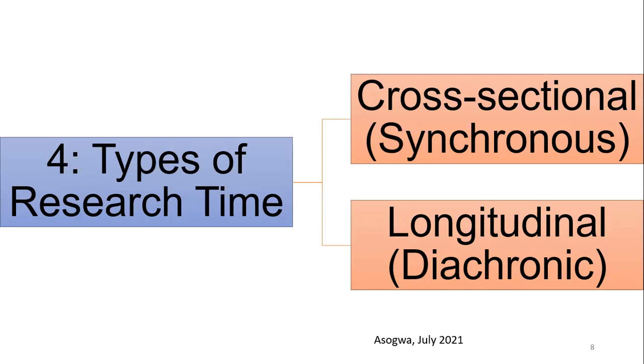In terms of cross-sectional research, this research is used to observe phenomenon, an individual or a group of research subjects at a given time. Cross-sectional, at a given time.